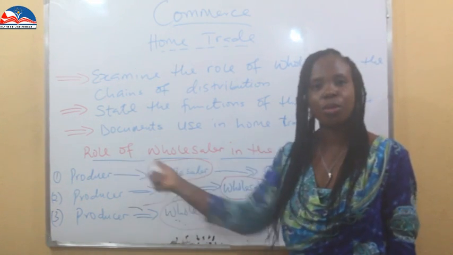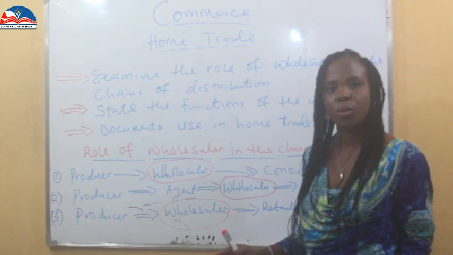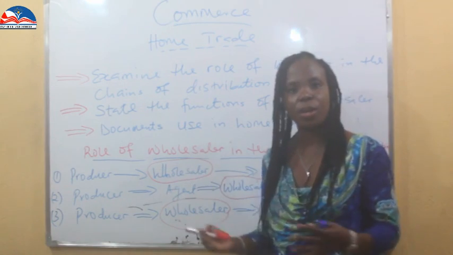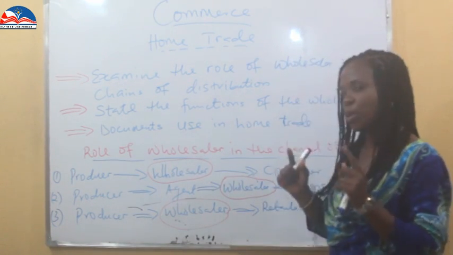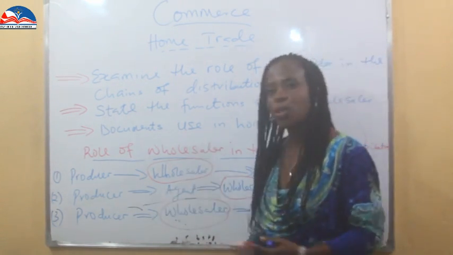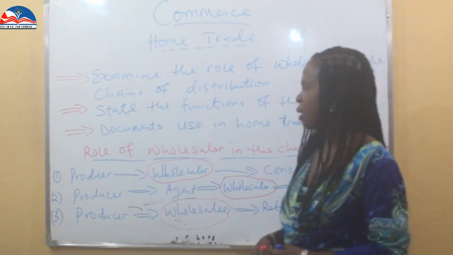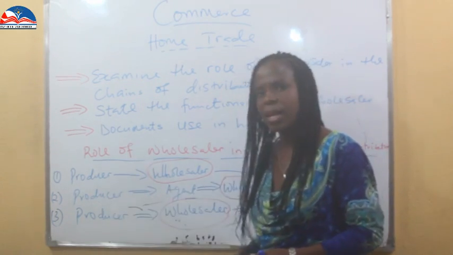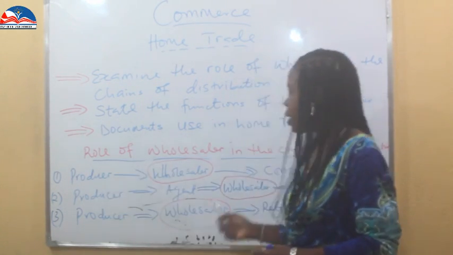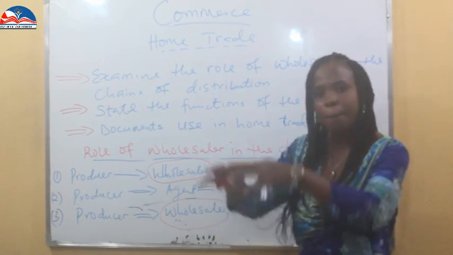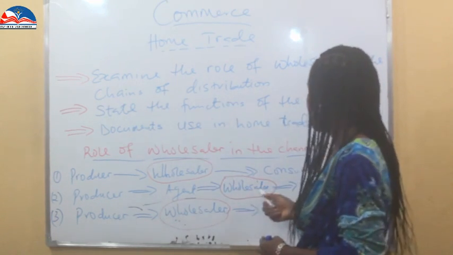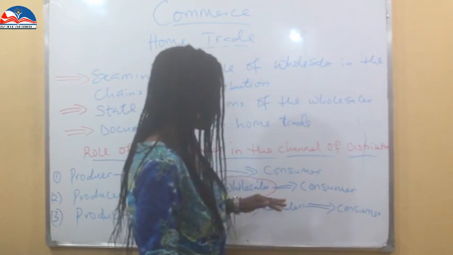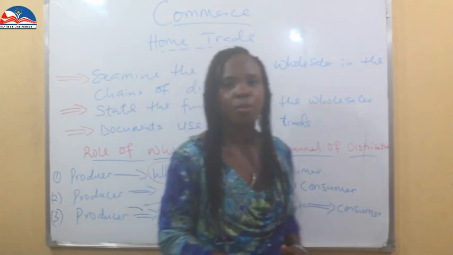He just buys from the producer, gets it to his warehouse or his store, and then sells to the final consumer, either in bigger units or in smaller units. That's one of his roles. Then the next role: the producer produces, and an agent buys from the producer. Then the wholesaler goes to the agent and buys in bulk again. The wholesaler does not sell to the retailer at this instance. He goes directly and sells to the consumer.